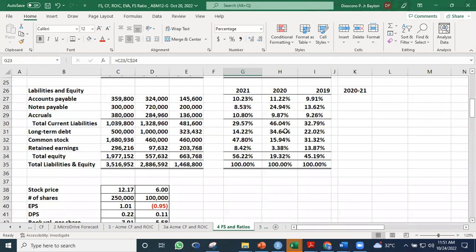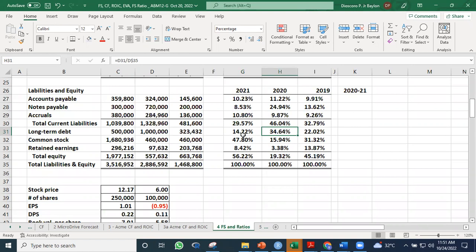At saka over time, tingnan din natin, 34% yung long-term debt, bumaba na lang yung 2021. Yung previous year, 34%. Nung 2020, bumaba at 14%. Again, ang question, is that good or bad? Again, ang answer, guys, benchmark. We can say here that the long-term debt went down from 34% naging 14%.